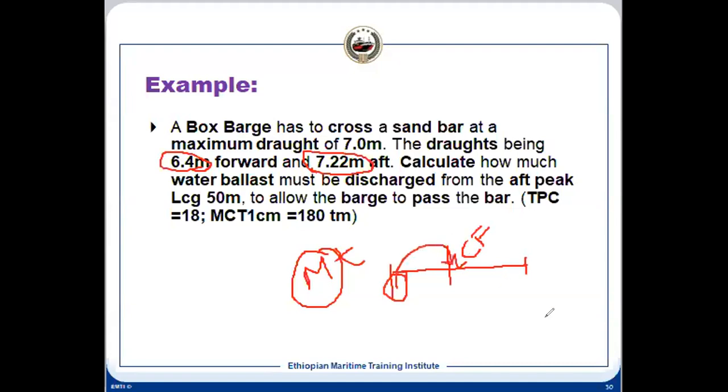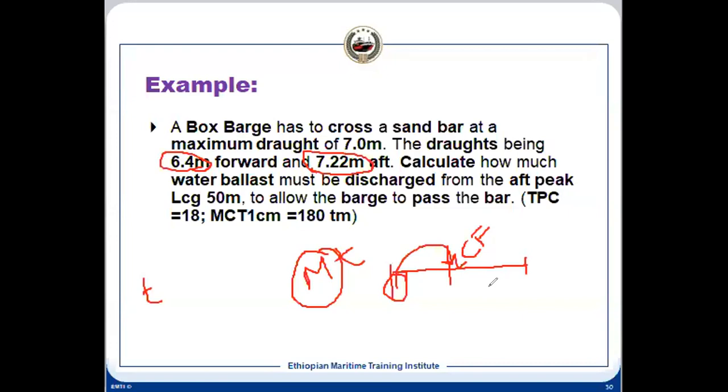Once we put it into the LCF, then what will happen? The even keel draft will remain the same, because we have not yet discharged any mass from the ship. So there will be a trim. How much will that trim be? We can calculate it. What is the trimming moment in this case? It is the mass m multiplied by the distance from the LCF to where the mass was shifted from.